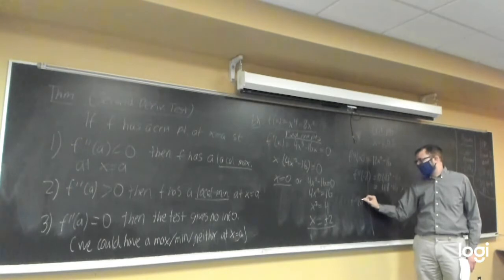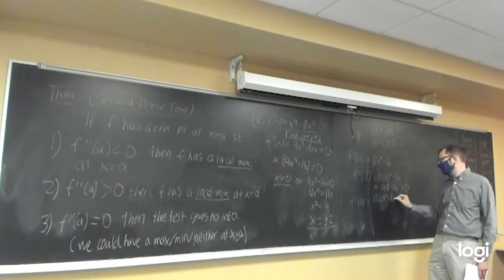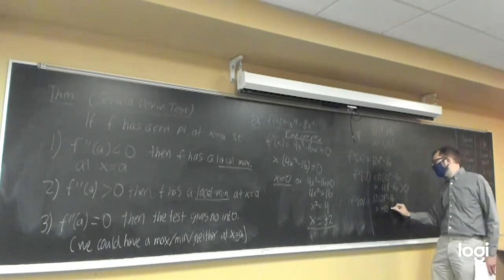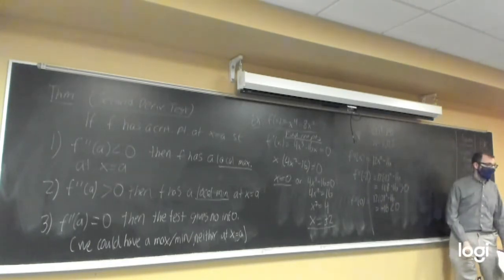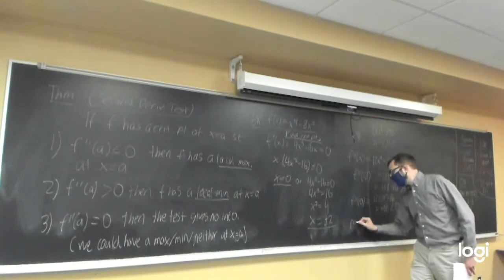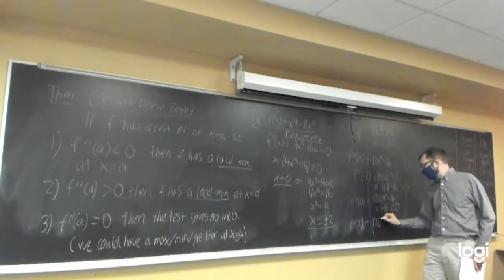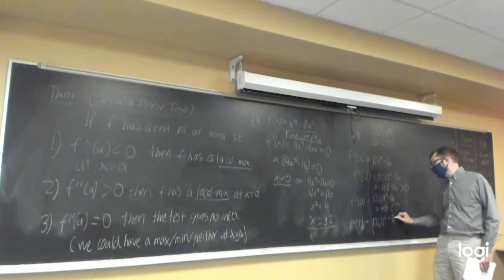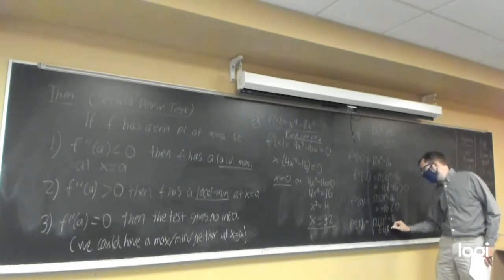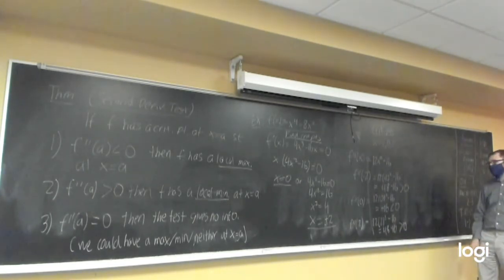If we take f double prime of 0, we're going to get 12 times 0 squared minus 16, which I'm pretty sure is going to be negative. And finally, if we were to take f double prime of positive 2, we'll get the same thing as we did at negative 2, 48 minus 16, which will come out to something positive.